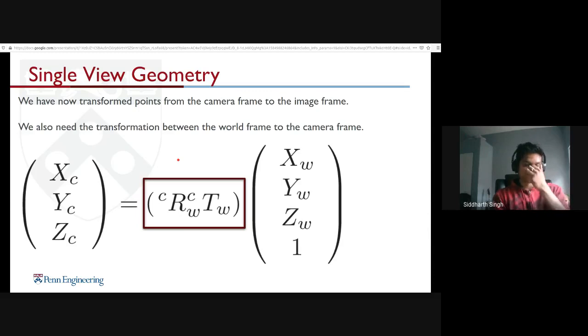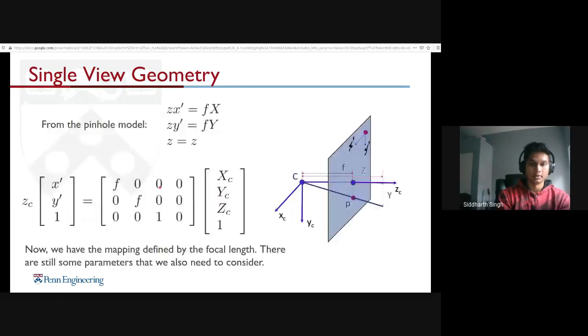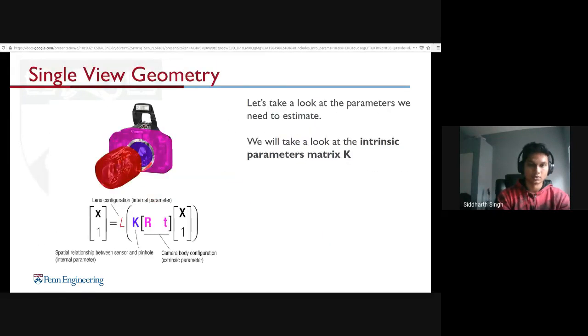So there will be a transformation between the camera and the world itself too, because the camera, if we go back to our body, is this, right? So we also want this component. We just talked about the intrinsic parameters which lie inside the lens.